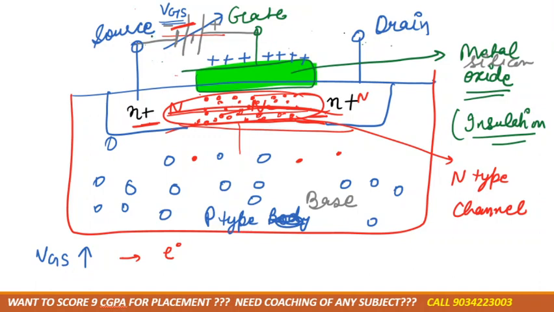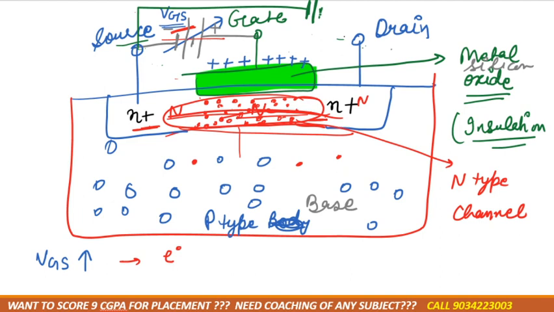Now the next thing, we have to connect the source with the drain also. Now I'm connecting the source with the drain. Again, the source is connected with the negative terminal and the drain is connected with the positive terminal. Now see one thing: if I decrease the value of VGS, what happens? Then fewer electrons will be attracted, correct?